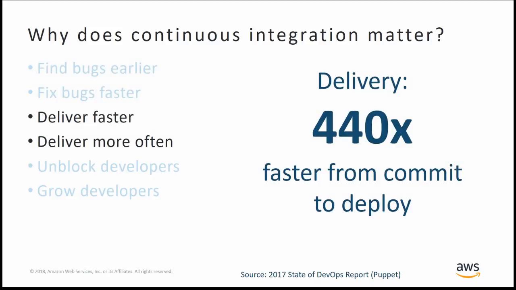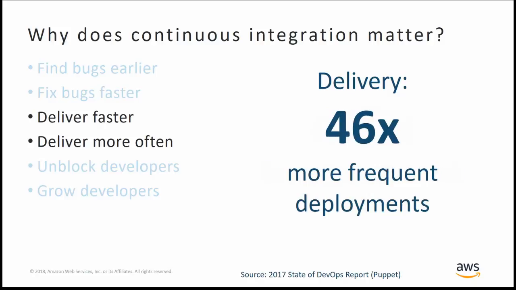Second theme is delivery. So teams on CI deliver faster and they deliver more often. These teams have a 440 times faster time from commit to deploy. So from the time that a developer makes that commit to the time it gets out to production, 440 times faster. They also have more frequent deployments.